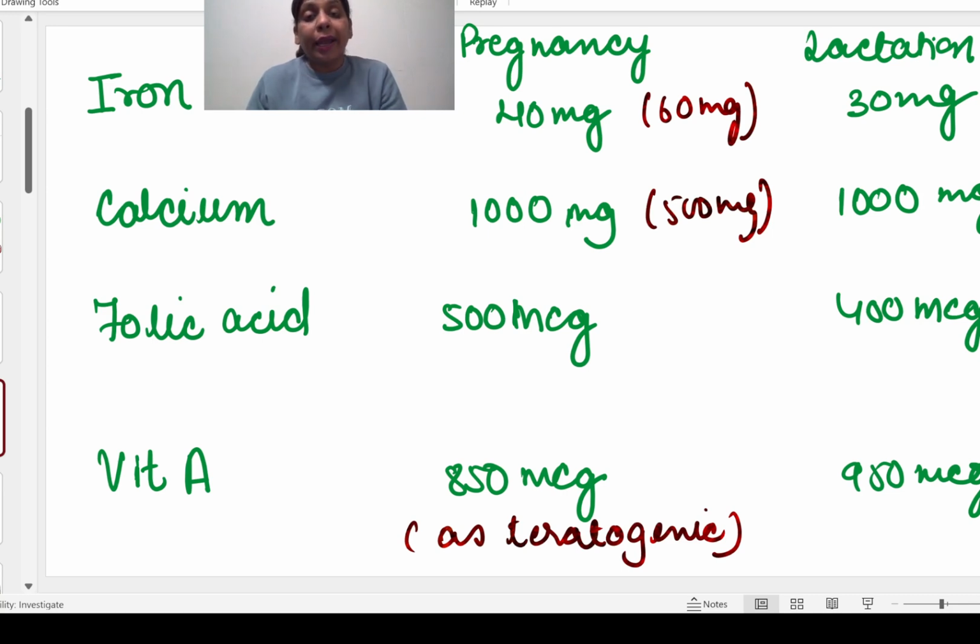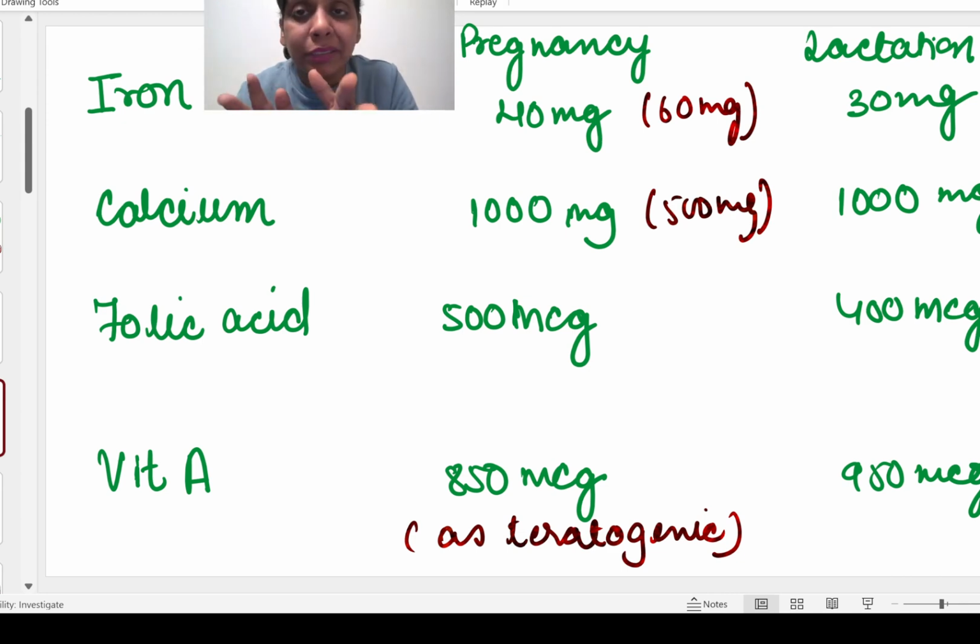Okay, so the iron dose required in pregnancy is 40 mg, and the calcium required in pregnancy is 1000 mg, because 500 mg is already balanced by our diet, so only a 500 mg tablet we give.